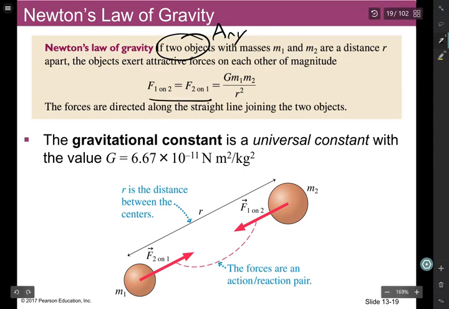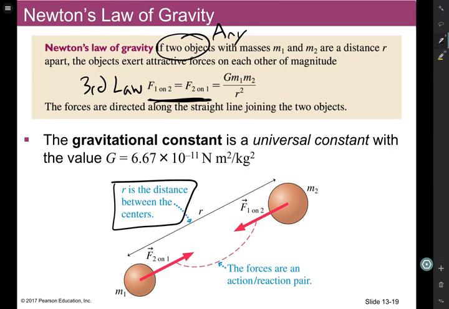And notice F1 on 2 and F2 on 1, this is from the third law, so they must be the same. And notice as well, it's the distance between centers, not surface to surface, but center to center.